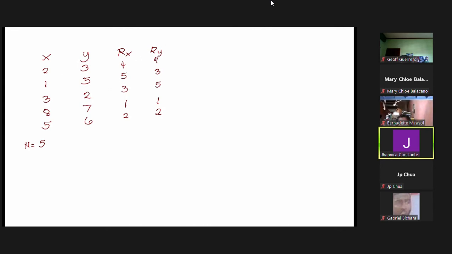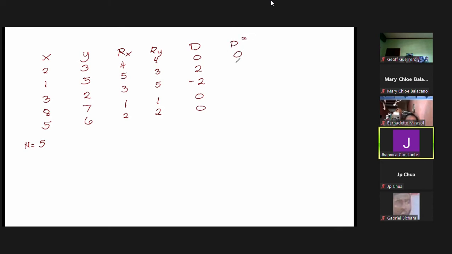Get the difference between rank x and rank y. So the difference: 4 minus 4, which is equal to 0. 5 minus 3 is equal to 2. 3 minus 5, which is negative 2. 1 minus 1 equals 0. 2 minus 2 is equal to 0. Square the difference in each rank that we have.